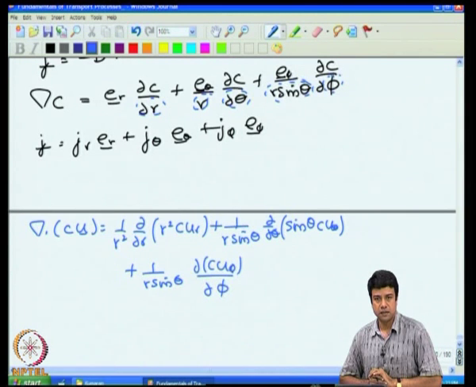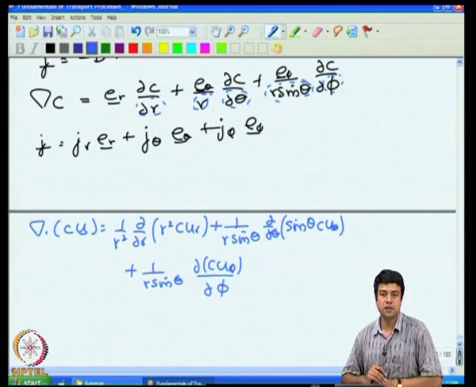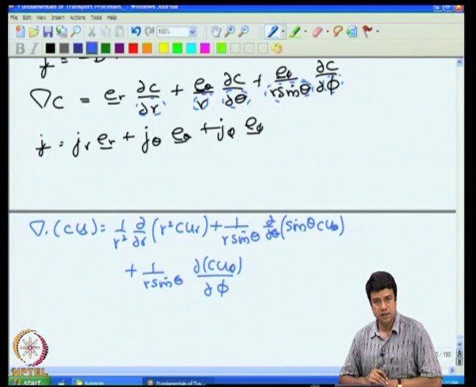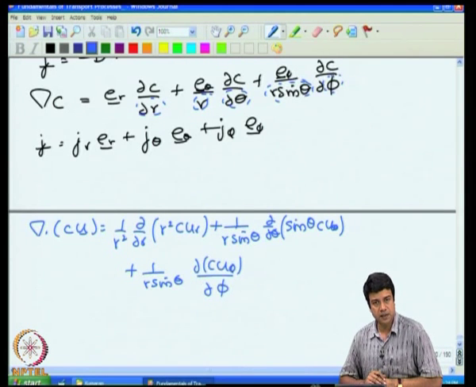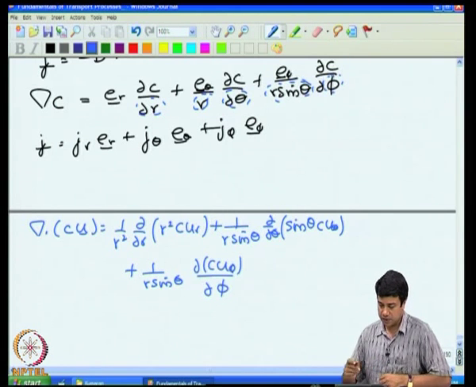Previously, in a Cartesian coordinate system, our gradient was just equal to Ex d by dx plus Ey d by dy plus Ez d by dz. In this case, it is more complicated because the theta and phi coordinates do not have dimensions of length. Similarly, in Cartesian coordinates, the divergence of c times u was simply defined as d by dx of c ux plus d by dy of c uy plus d by dz of c uz.